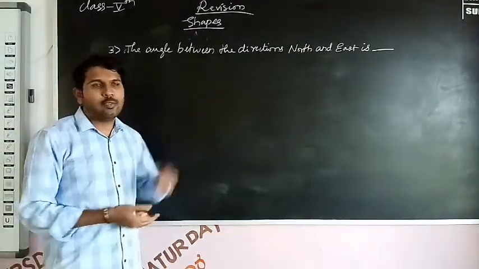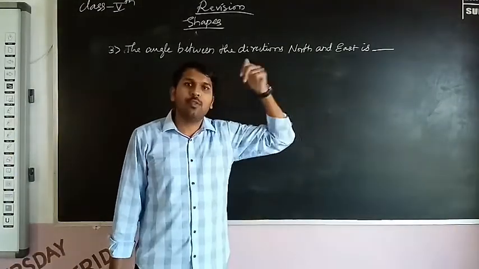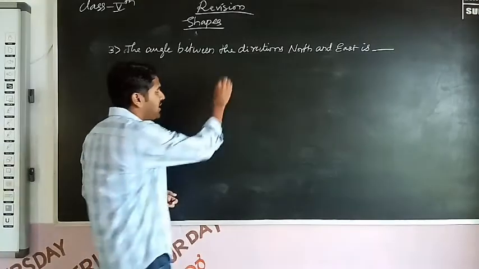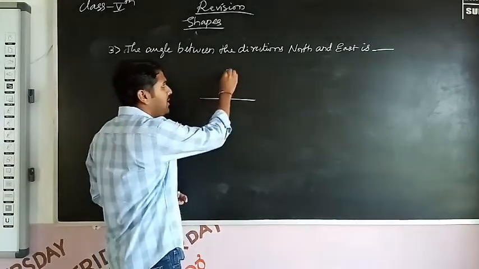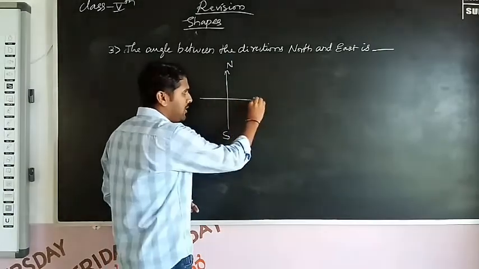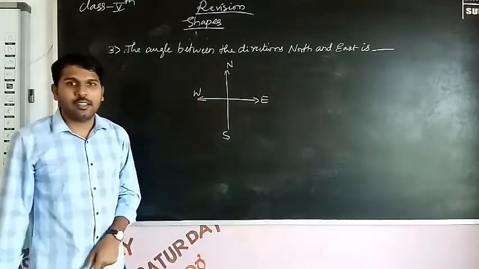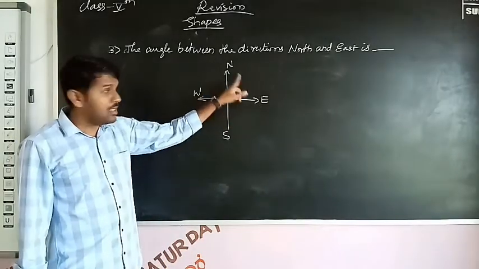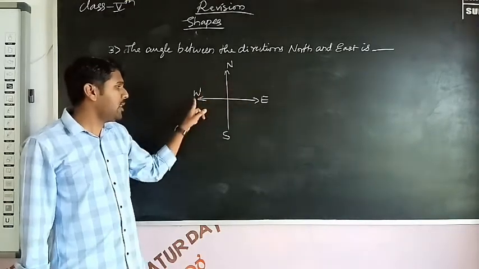Next, third question: the angle between the directions north and east. How to find out the angle? First, this is the figure. This is north, this is south, this is east, and this is west. These are the directions east, north, west, south.